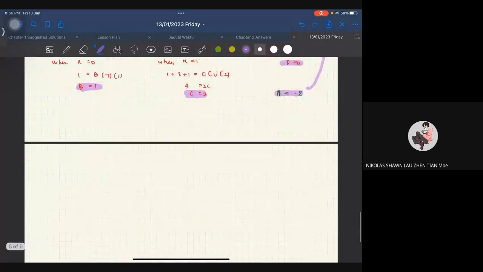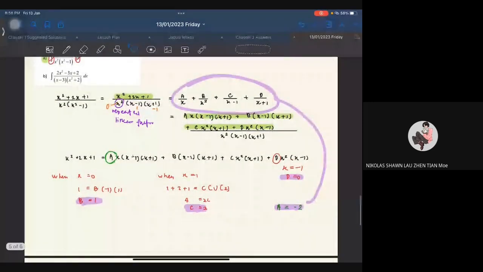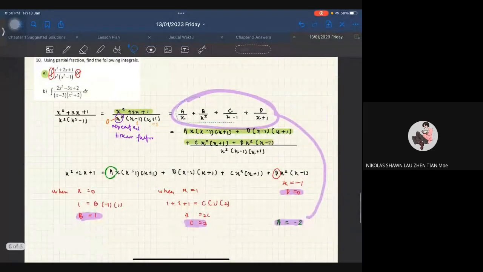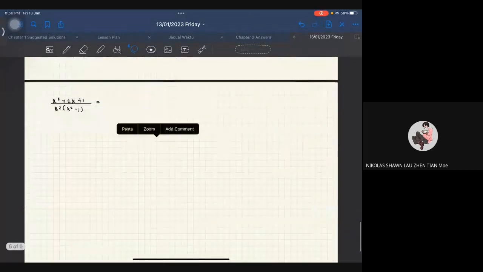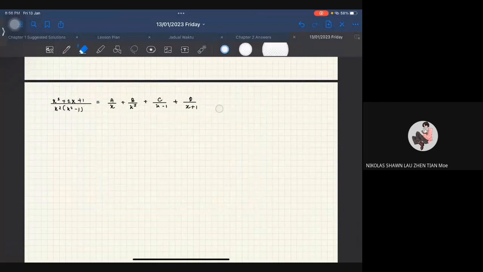So we use a new page. I have to copy because I forgot. I take this one. Copy, paste it here. Okay, and then I copy this one as well. Put it here. Paste. Okay, so let's put in the values of A, B, C and also D.